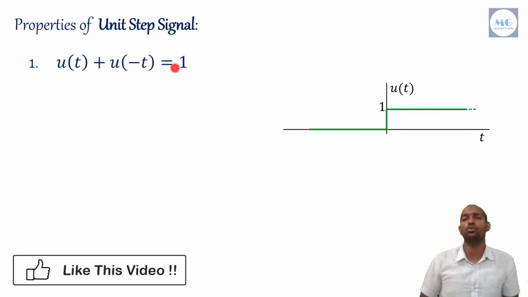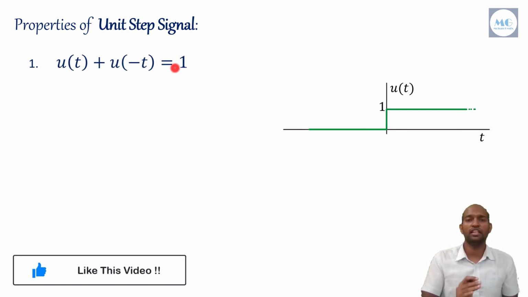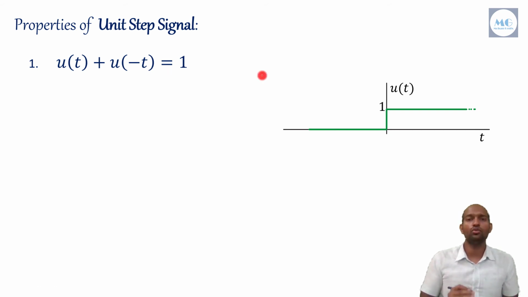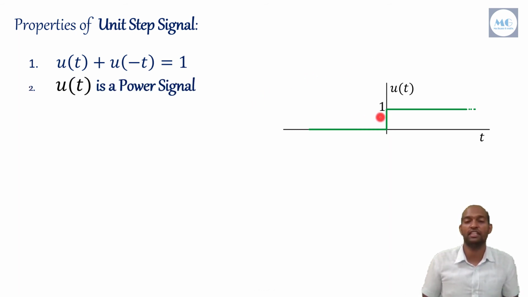As I have asked you about the impulse signal, whether it is an energy signal, power signal, or neither energy nor power signal, I will ask you again for the unit step signal: whether it is a power signal, energy signal, or neither energy nor power signal. Tell me, friends. Yes, we already know these kinds of signals from our previous lecture, that these are power signals. Any infinite duration signal, and this is an infinite duration signal, remember, this is going up to infinity.